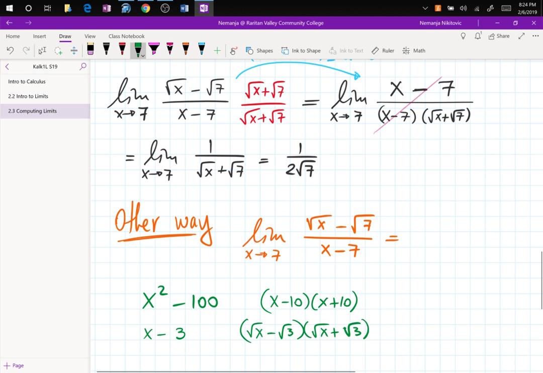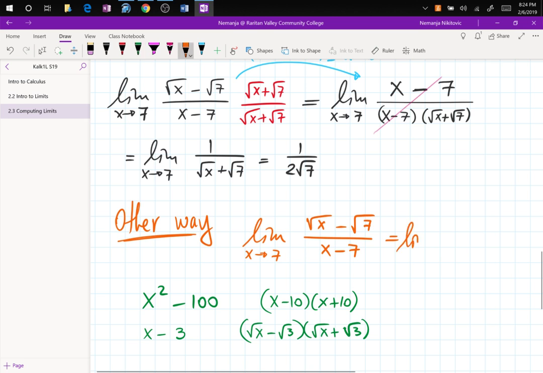Would you agree? It's the same thing. You never considered factoring like that before. It was not presented in your algebra class at all, but it's in the domain of what we can do.